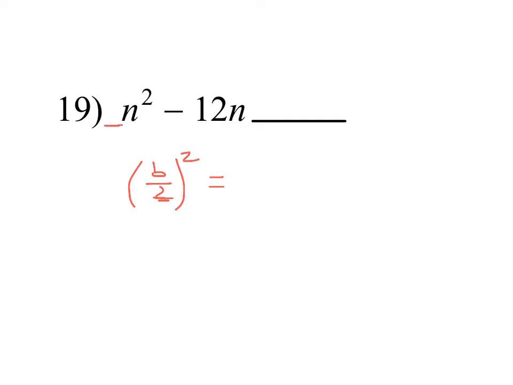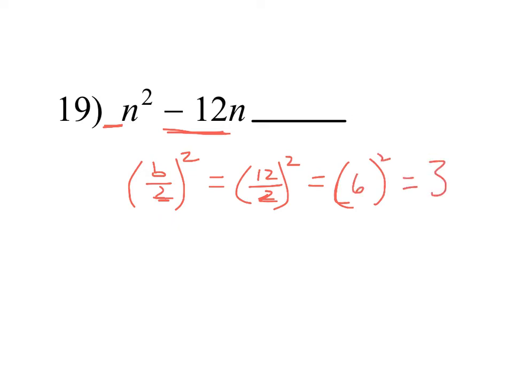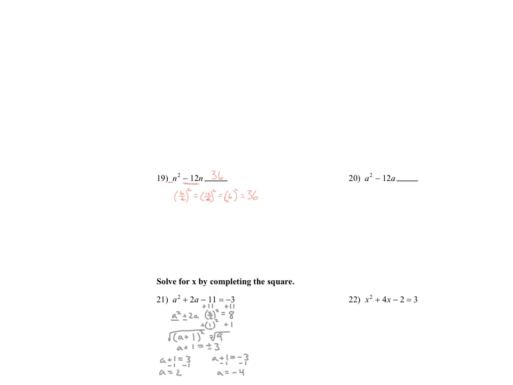The number in front of the x squared is our a. The second number is going to be our b, and the third one's our c. So what's our number that goes on top here? 12. So we have 12 over 2 squared. What's 12 over 2? 6 squared. So what's 6 squared? 36. So our number that completes the square is 36. Good job.